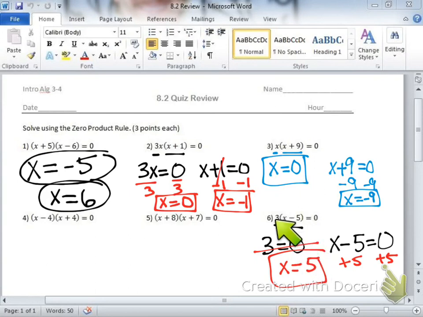And then down here, same idea, except that it's not possible because there's no variable. And the number 3 never equals the number 0. You need the x part to get a solution. We don't have the x part, so we don't have a solution, but we do get a solution back here. So those are sort of the 3 options for when you have a number or a number and a variable in the front. Questions?